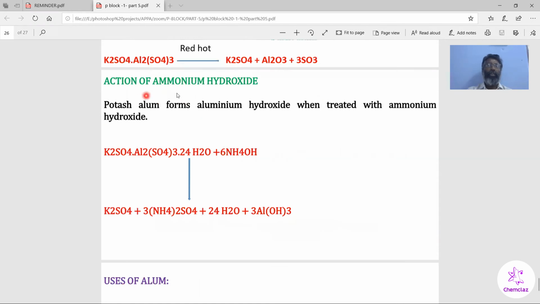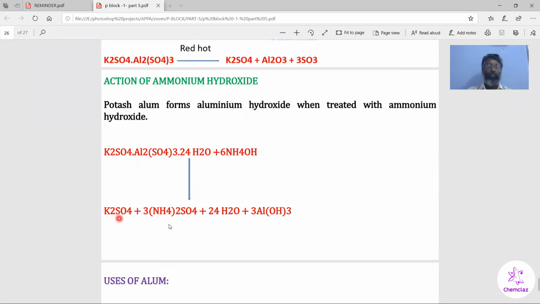The next one is reaction with ammonium hydroxide. Potash alum reacts with ammonium hydroxide, which gives aluminum hydroxide. How? The potassium sulfate and aluminum sulfate react with the ammonium hydroxide.